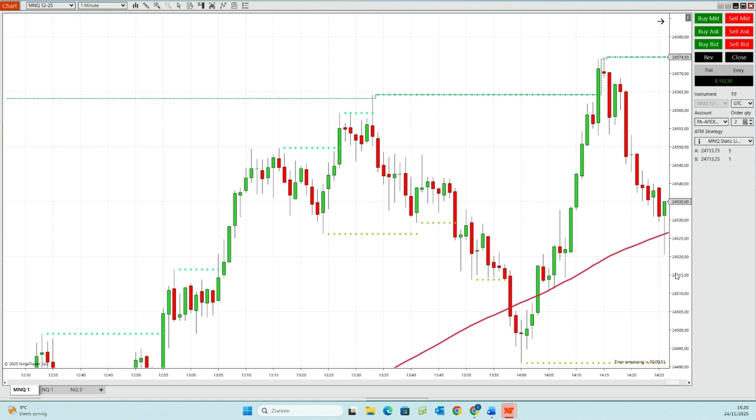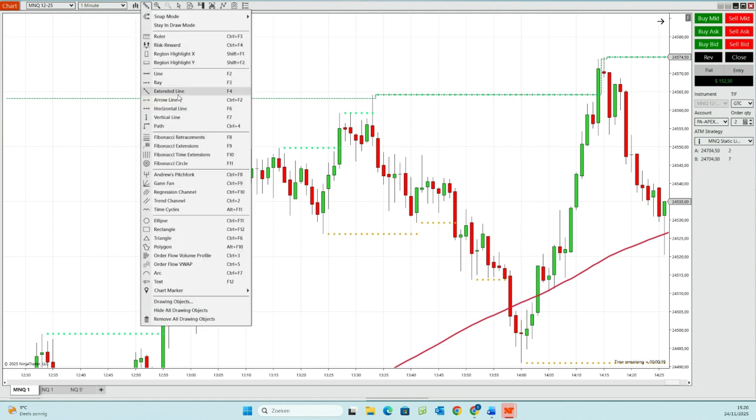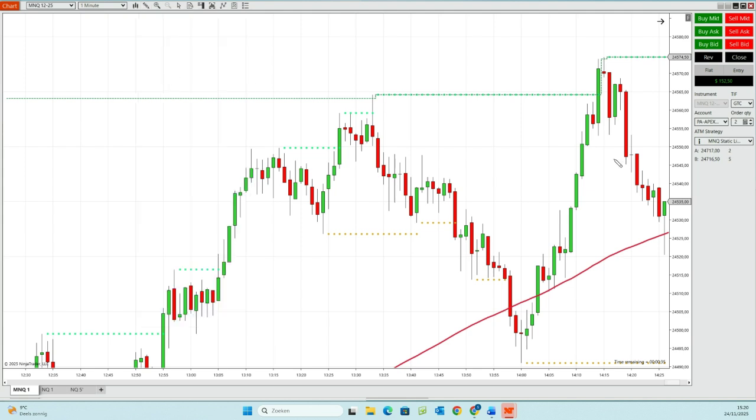It cannot close underneath it fully. It needs to either have the wick or the body in that baseline exactly the way it is now. And then with this candle, I would have had my, where is it? Horizontal line? No, just a line here. I would have had my order just above it here.